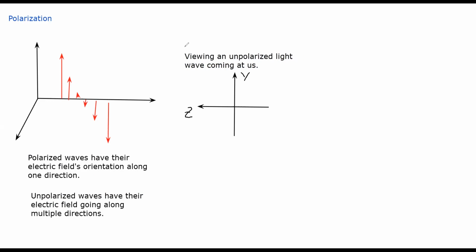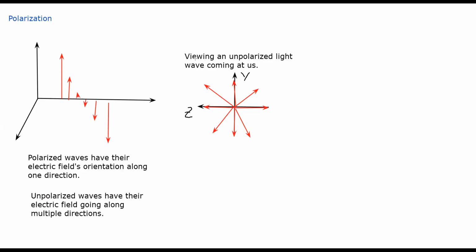What we would see for an unpolarized wave is the electric field going in all directions. You have the electric field going like this, like this. I could add a couple more just to emphasize: here's the electric field not just in one direction, pretty much in all directions.